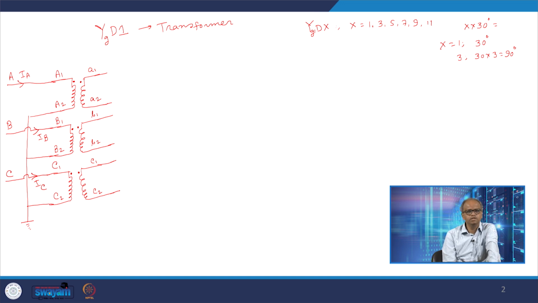Now once we have made the connection at the star side, we draw the phasor diagram at the star side.